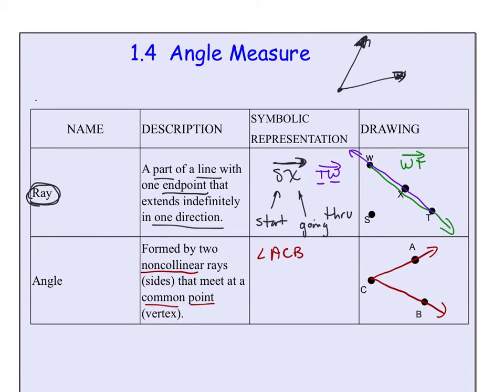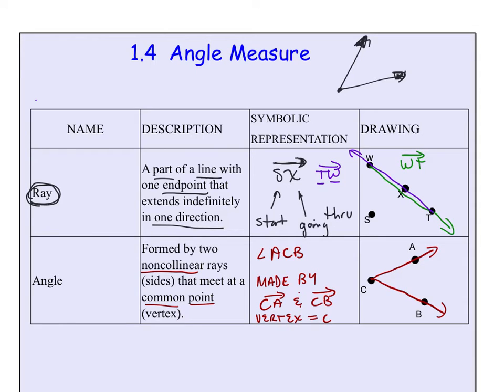Okay, that is angle ACB. So this is made by ray CA and ray CB. Okay, it's made by two rays, and my vertex would be at C.